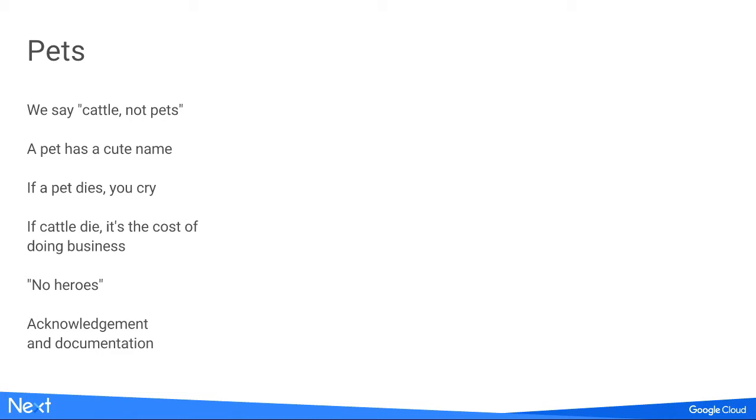But if cattle dies, it's a cost of doing business, and that's the way we think about it. I was always really impressed when I first got to Google with how few tears were shed when a very important machine went down. There was just a script that you ran that said throw away the machine, and it would take the machine out of all the configs and send somebody in the data center to go physically fuss with it.